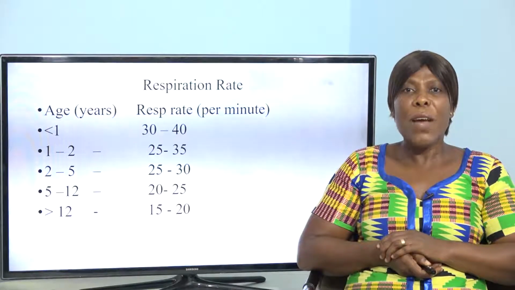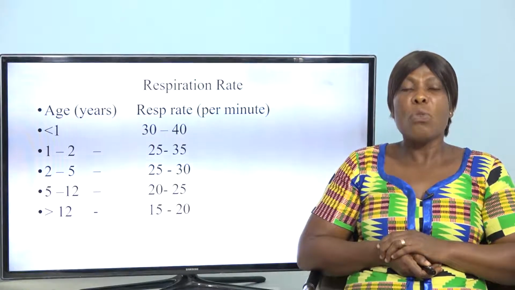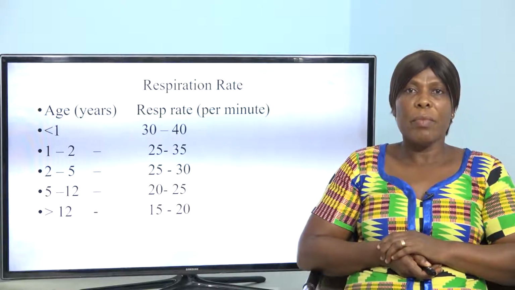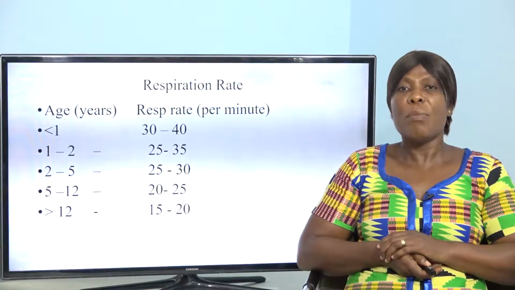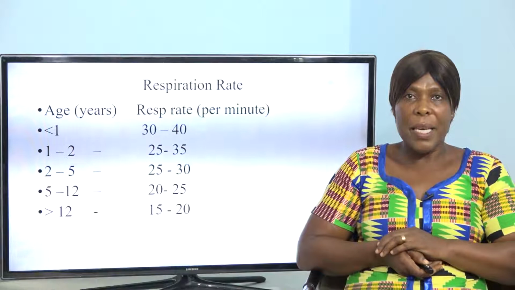And then 5 to 12 years, we have 20 to 25. And above 12 years, we have 15 to 20. So normally we say that with children, less than 1 year is 30 to 40. Our normal respiration for adults lies between 15 to 20 breaths per minute.